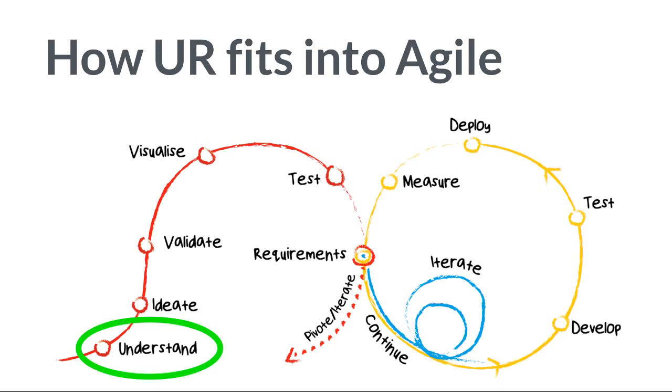And the first one is just to understand the problem that we are solving, right? There are a few different research activities that you can do in this process, but in the end, what you want to understand is who are the users, what are their pain points, and how they are solving that problem right now, before your product, and the motivation and the context in which they do solve that problem.